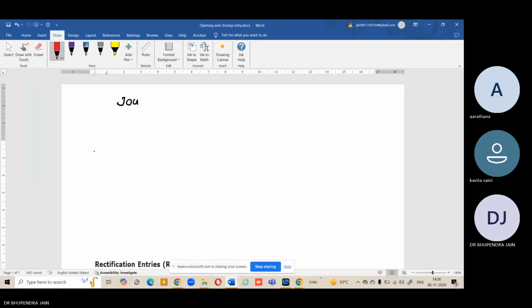First, we will record the journal entry. Then we will prepare the ledger. Then balancing of ledger. How to balance the ledger? We have discussed in the last class how to calculate balance b/d and balance c/d.